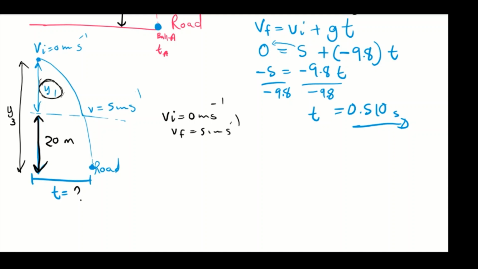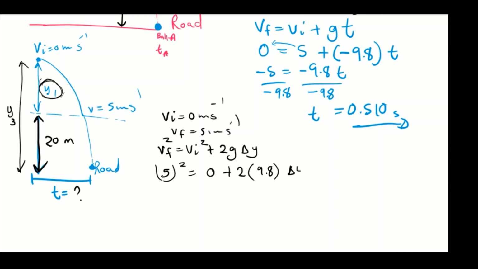It's going to be v final squared is equal to v initial squared plus 2 multiplied by g multiplied by change in y. So the v final is 5 squared is equal to v initial, which is 0, plus 2 multiplied by 9.8 and then change in y.